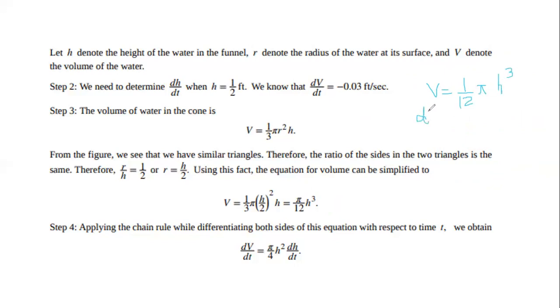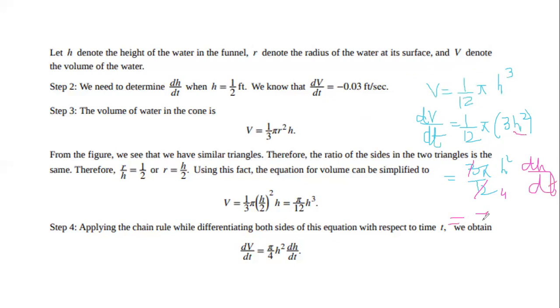I have to find the derivative. dV/dt equals 1 upon 12 pi times the derivative of h cubed, which is 3h squared, so it is 3 pi divided by 12 h squared, times dh/dt, since we differentiate with respect to h.